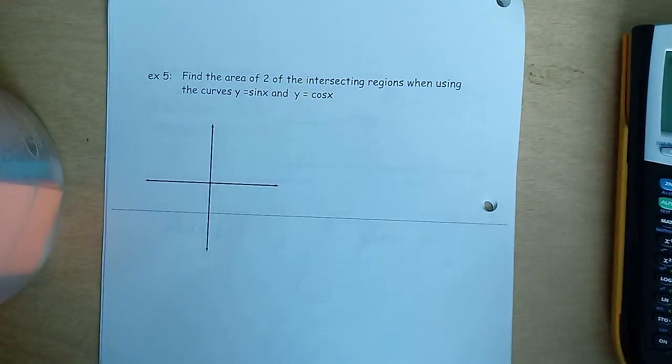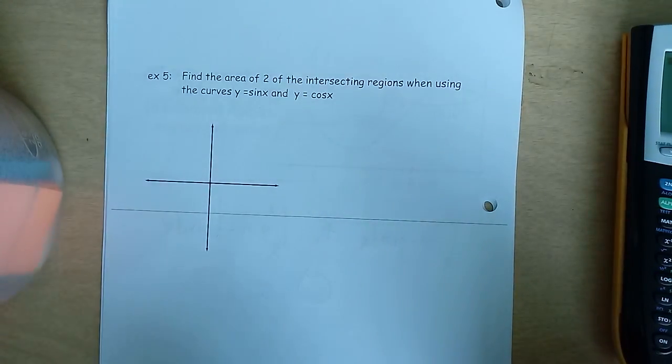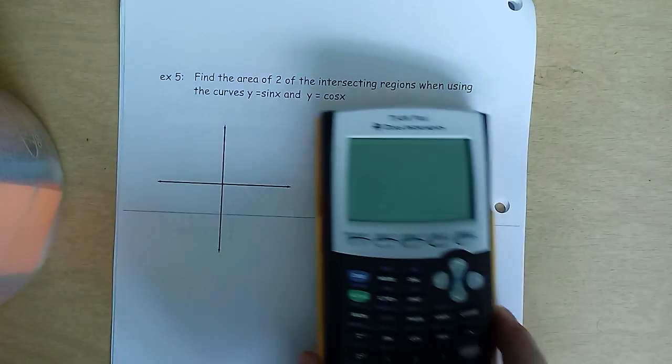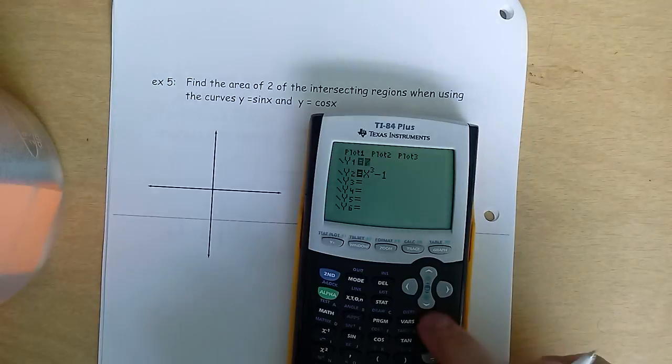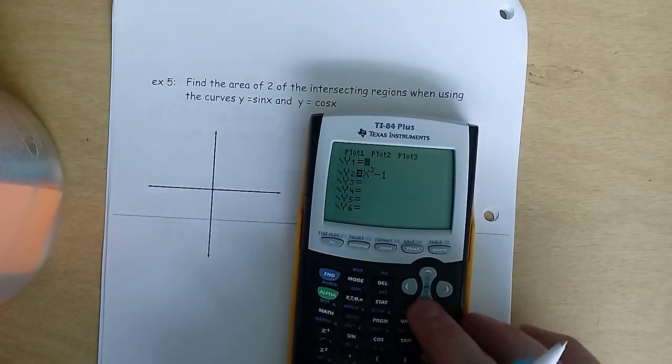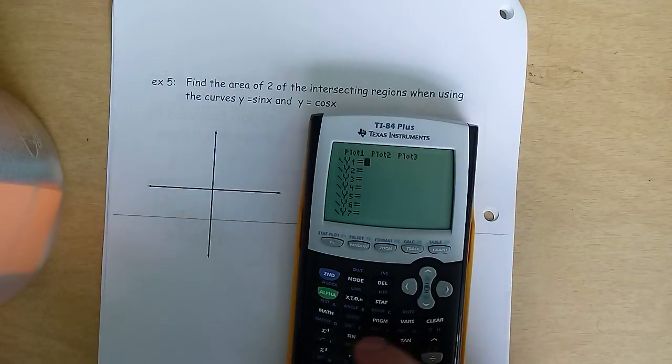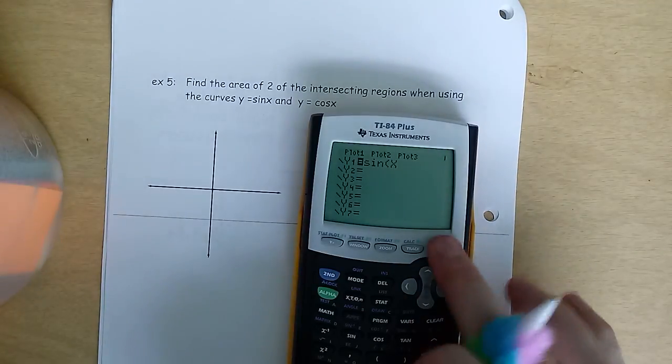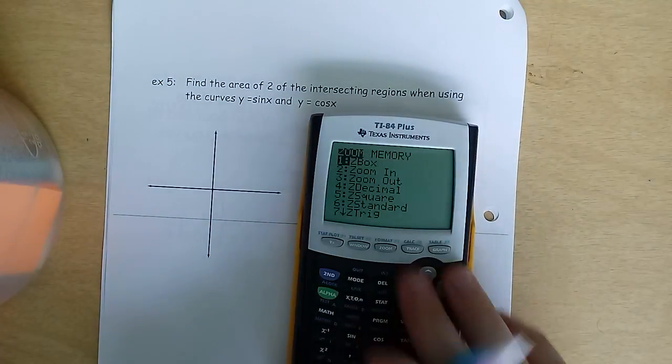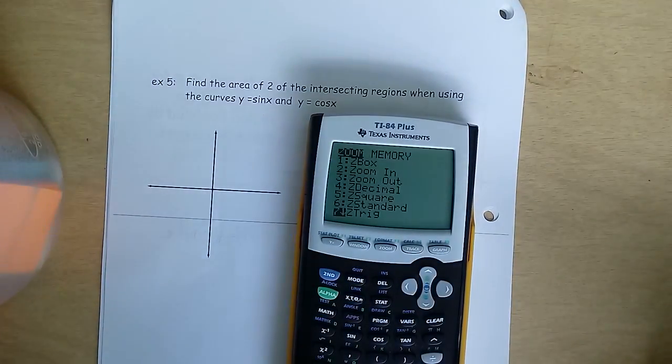Let's see. Find the area of the two intersecting regions when using the curves y equals sine x and cosine x. So sine of x, you may not remember this, but sine of x is a wave. So we got sine of x, which looks like, I'm going to zoom trig for this one.